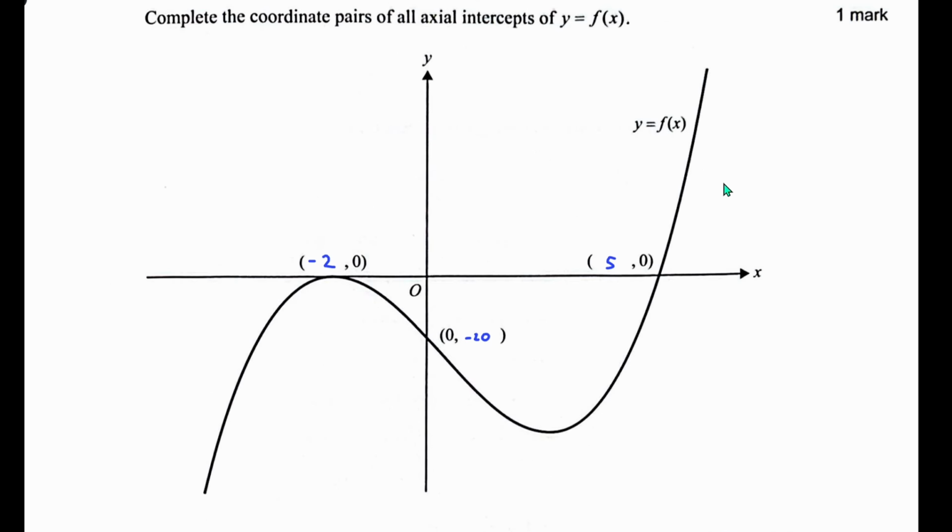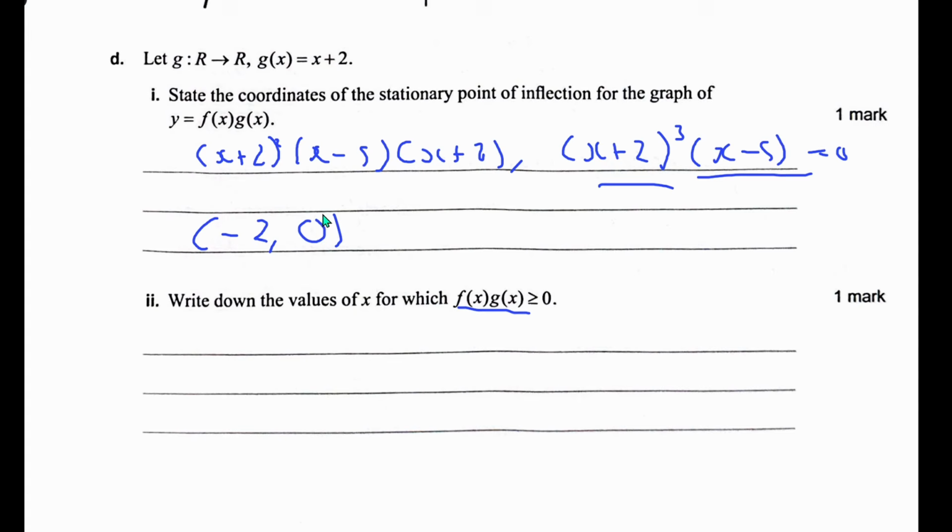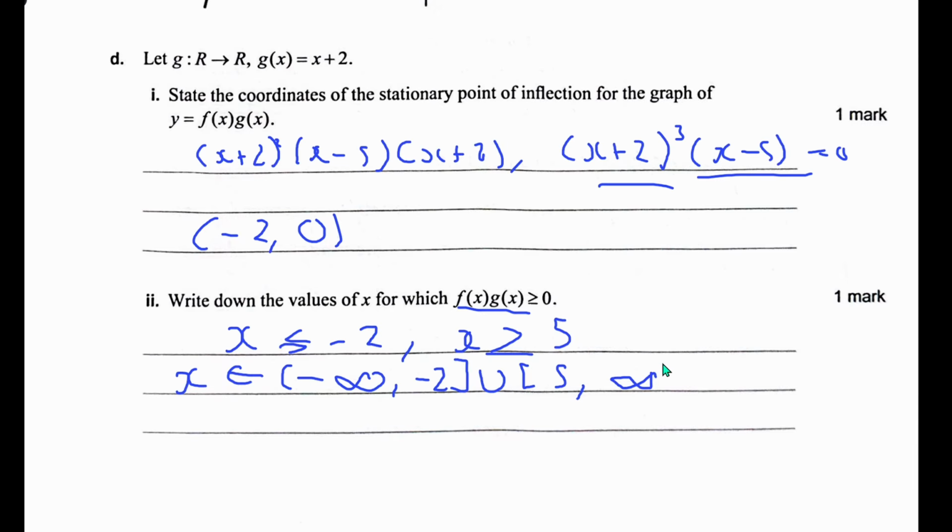So this part is all positive, and this part becomes positive. So I can just write x is an element of -infinity to -2 union 5 to infinity.